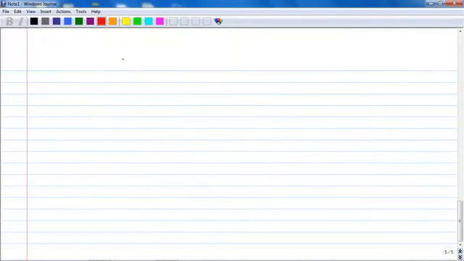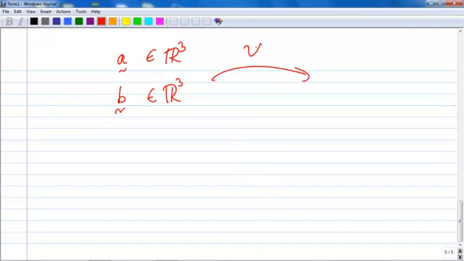Suppose I have a point A in three-dimensional space, and some point B, also in three-dimensional space. Now I apply some transformation, and let's use the notation psi for this transformation, and this gives me the new location of the point, psi of A, and the new location of the point B, which is psi of B. So how do I measure the distance between A and B?